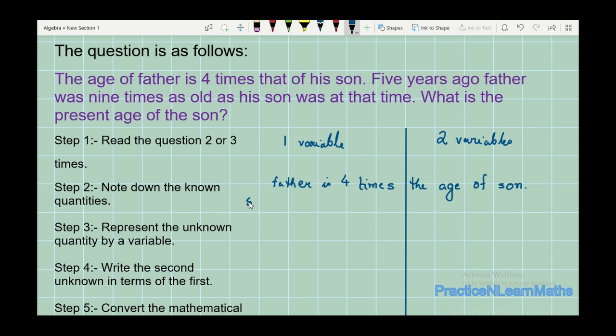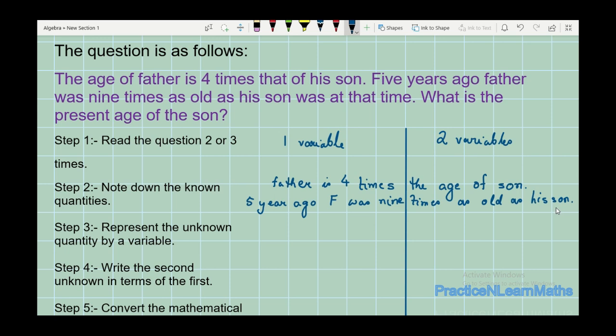And then 5 years ago, father was... as old as his son. So till here, for one variable or two variables, the process is same.